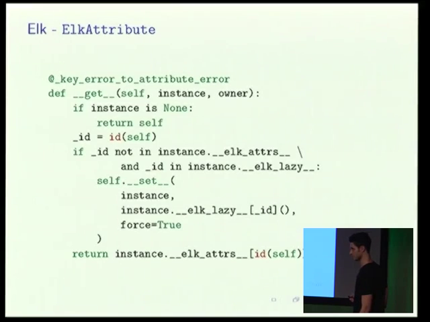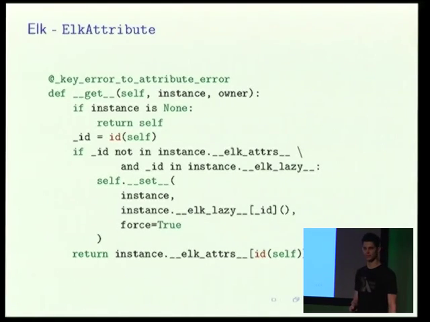So we're going to call self.__set__, which is a descriptor method, and set that value. So this section of the code here is implementing the lazy initialization feature. If you have an attribute whose value is expensive to compute and you might not need it, you can defer that computation until someone's actually asking for it. Then you can incur that cost, set the attribute, and at the end, we return it.